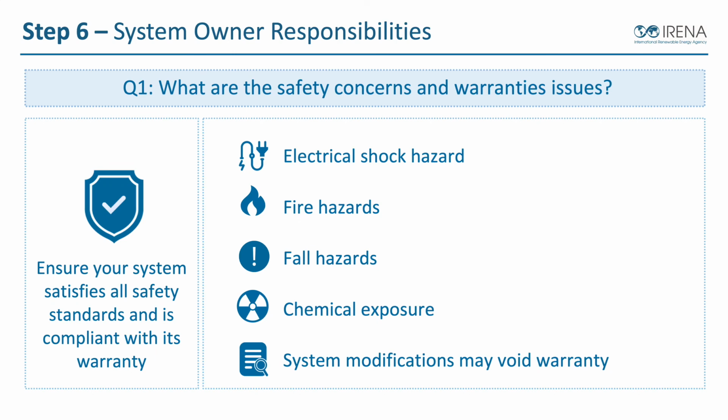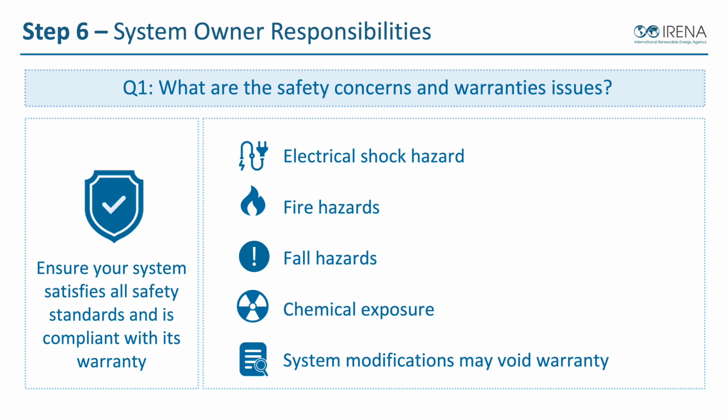Like anything electrical, we have a fire hazard. Anything that's mounted on the roof, or if we have to get on the roof or elevated structure, we could have a fall hazard of falling off the roof, things like that. If it has batteries in it, there could be a chemical exposure if something happened to the batteries or if someone was doing maintenance.